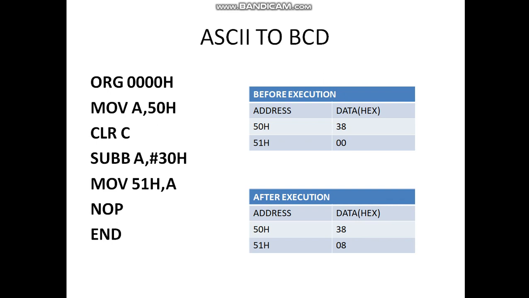So the actual operation that takes place is A minus 30H minus the carry flag. We need to clear the carry before using the subtract instruction, so the carry is cleared using the CLR instruction.